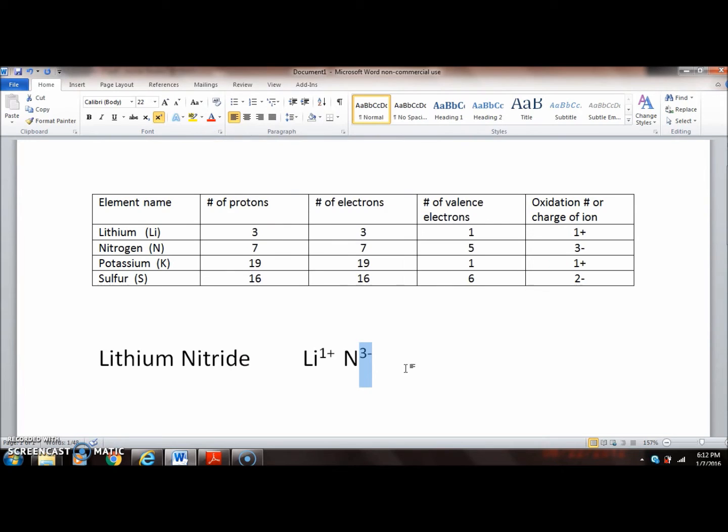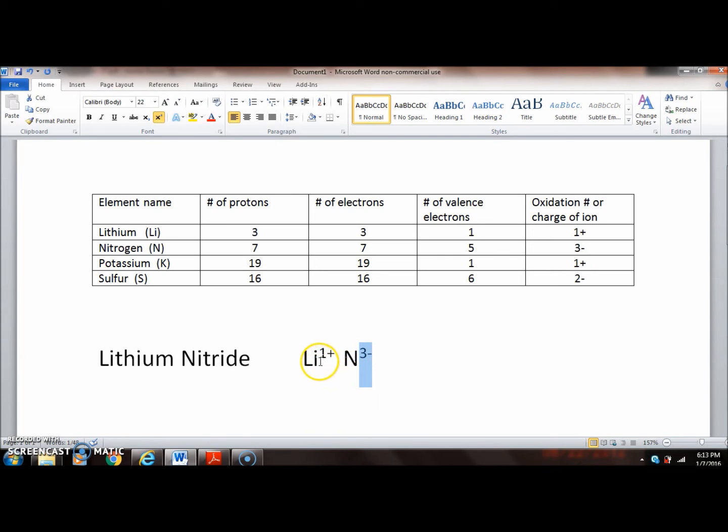Okay, now you learned in class that even though this molecule is made up of charged atoms, the overall charge of the molecule has to be neutral. So what you have to do is look at your exponents here, or your superscripts, right? If this is a 3 minus, we want to make this lithium cancel out the nitrogen ions.